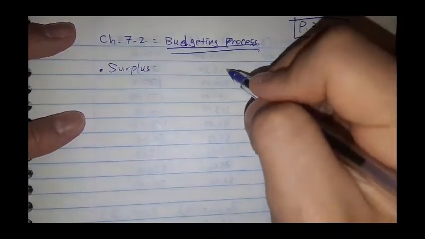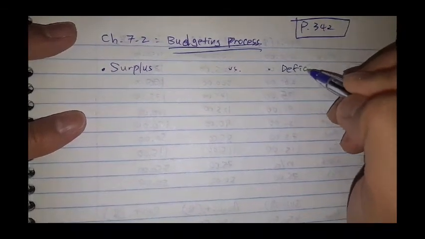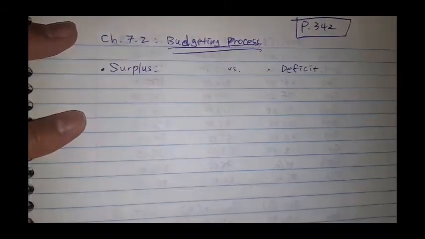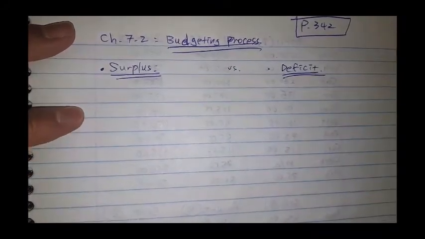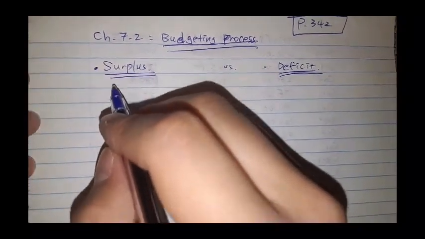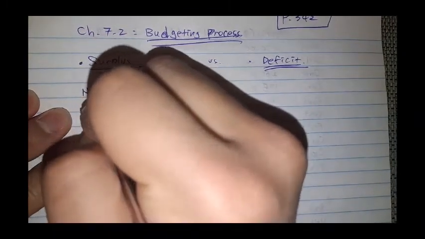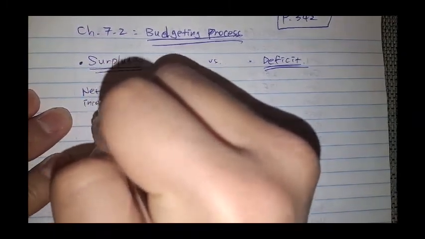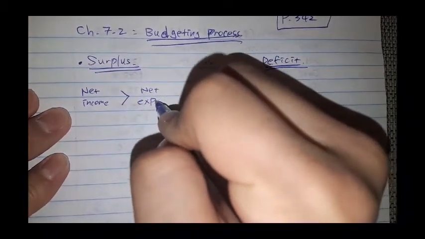Surplus versus deficit. So surplus, if I put it in mathematical terms, is when your net income is bigger than your net expenses.